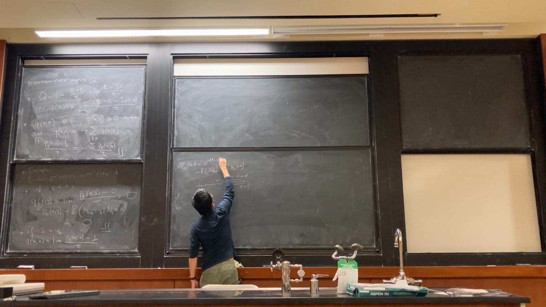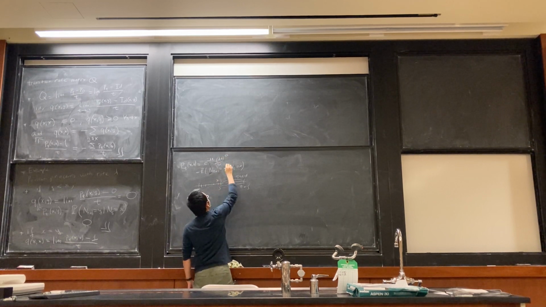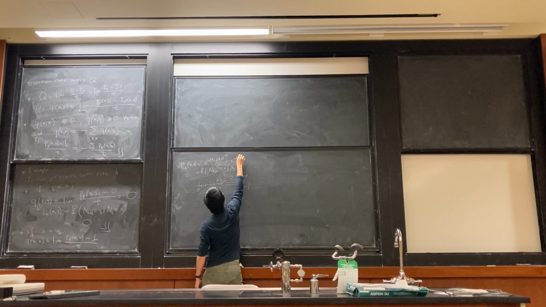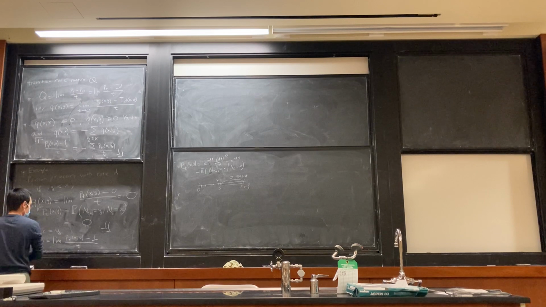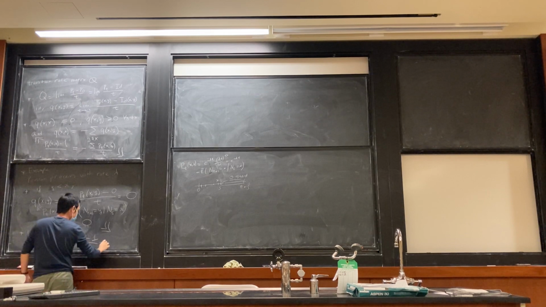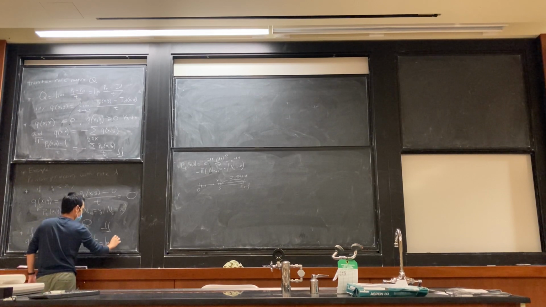Approximately, that is (lambda t) to the 0 over 0 factorial, which is just e to the minus lambda t. And so, the limit of (e to the minus lambda t minus 1) over t, and the answer will be negative lambda.